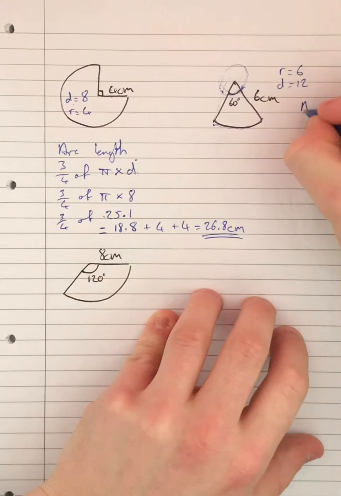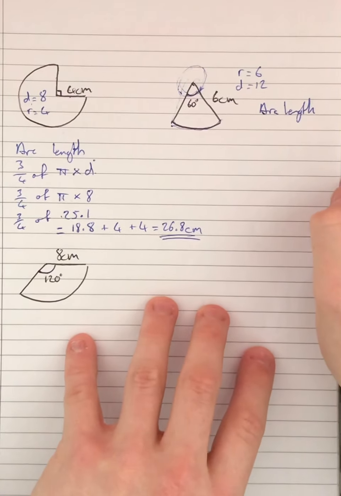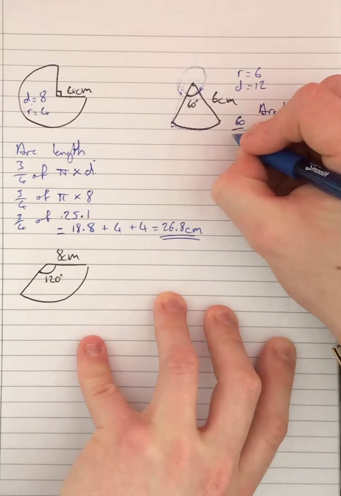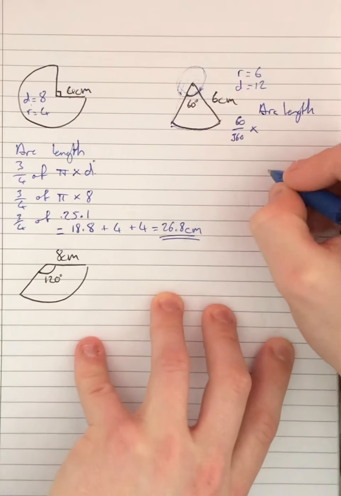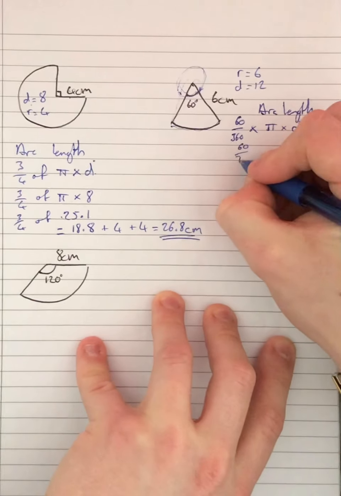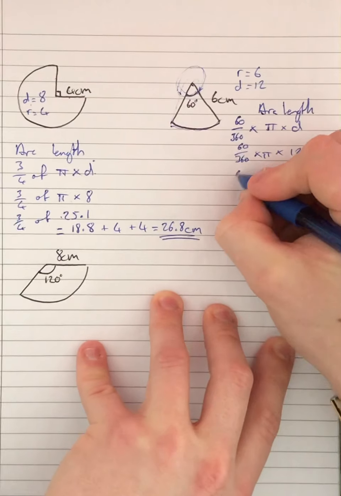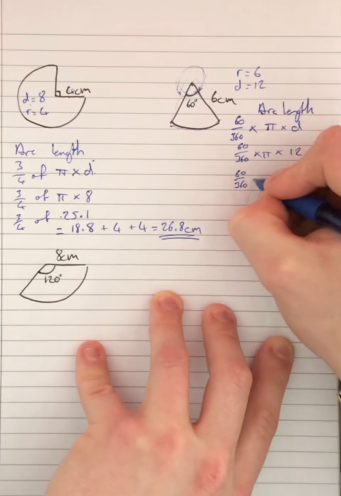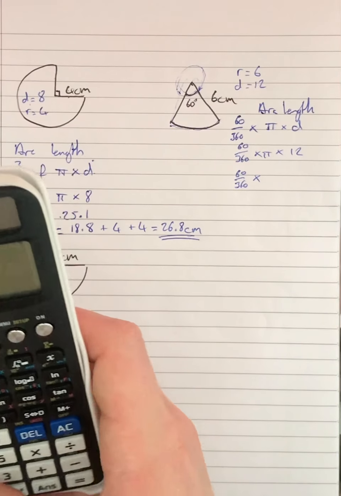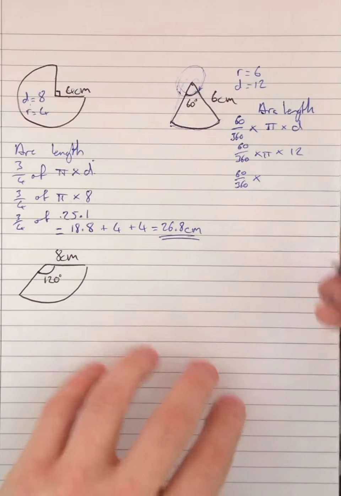So if we're working out the arc length, I'm just going to check that we can still see that. We're going to do the fraction of the circle that we've got times by the circumference. So 60 360ths times by pi times 12. And 12 pi is 37.7.